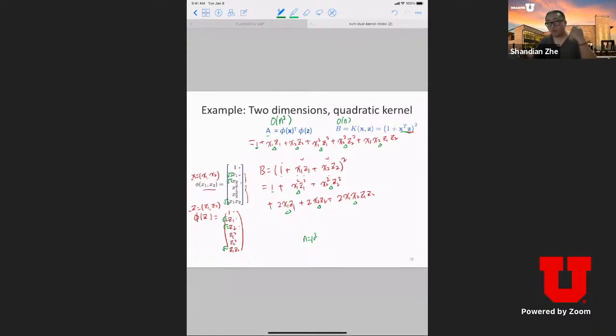But if you use B to compute, your time complexity is proportional to the dimension of the original features. This is a huge reduction. So in this way, we can dramatically reduce the time complexity when we extend our linear classifier to nonlinear classifiers. Any questions so far?